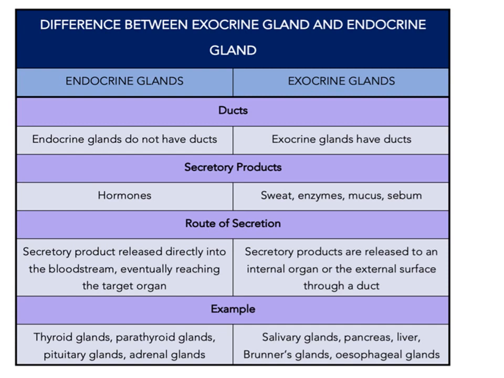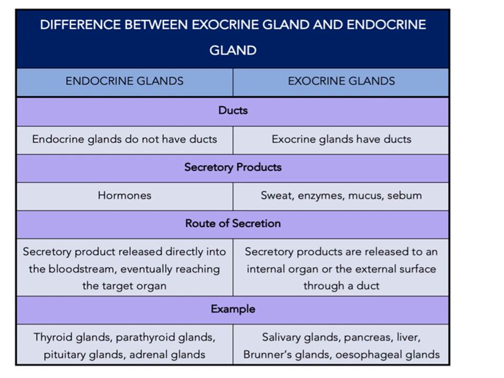In the case of endocrine glands, the secretory product is released directly into the bloodstream, eventually reaching the target organ. Since there is no duct here, this secretion is not taken through a duct. It is directly released into the bloodstream, the blood circulation.